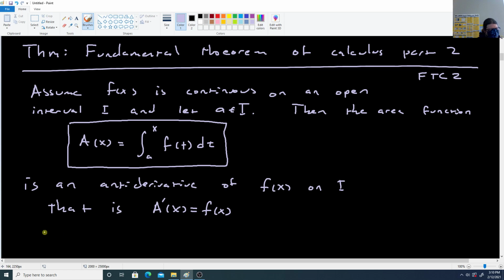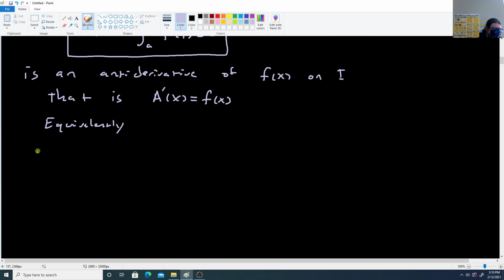And we could also state, so they say equivalently, if we took the derivative of the area function, this will equal f of x.